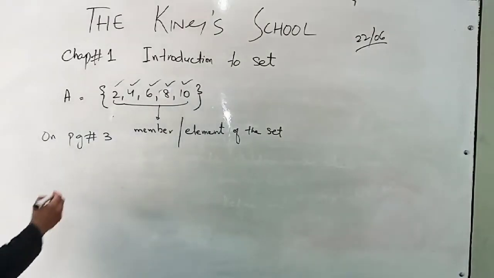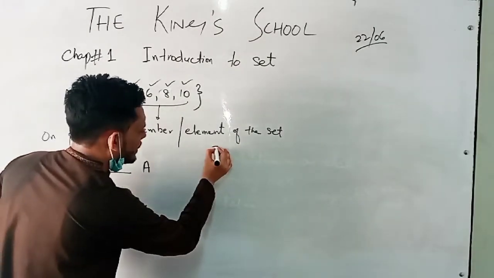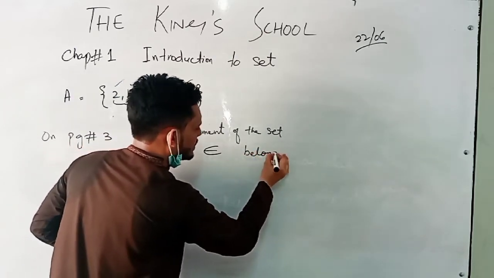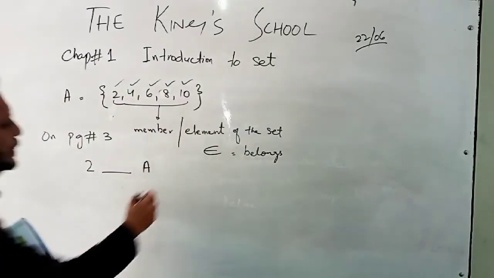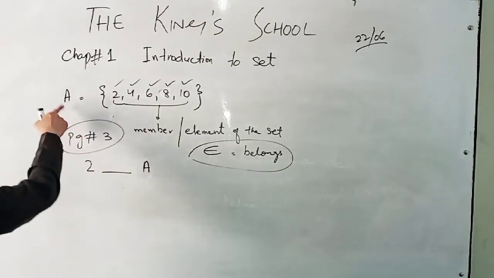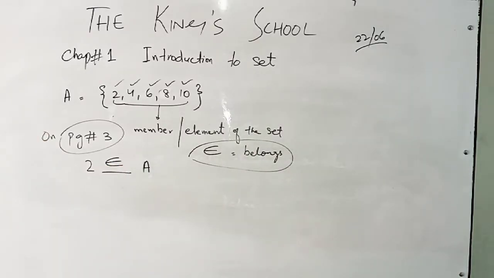Now, this sign ∈ represents belongs to. On page number 3. So does 2 belong to set A or not? If yes, then write this symbol. For example, I'm going to write 3. Does 3 belong to A?